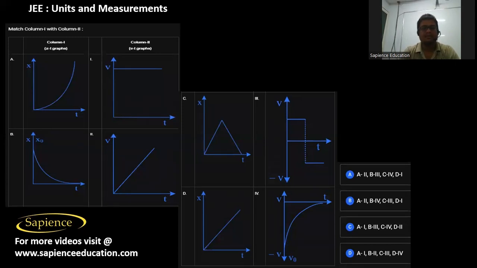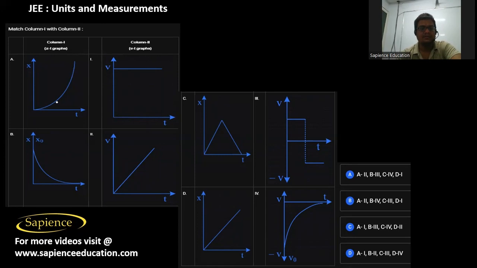Then it is told, match column 1 with column 2. XT graphs, VT graphs. So here column 1, this is XT graph.